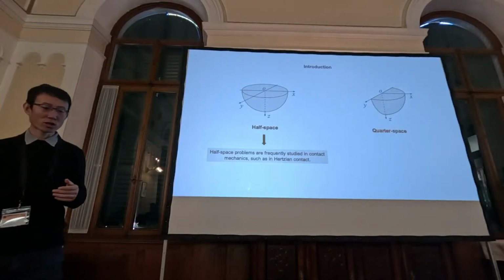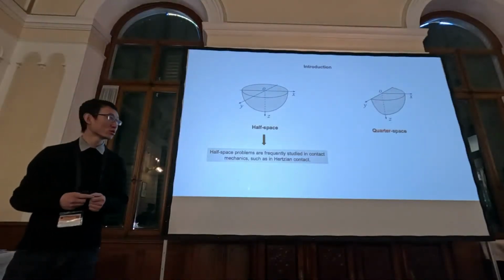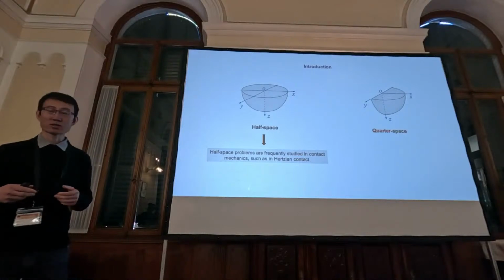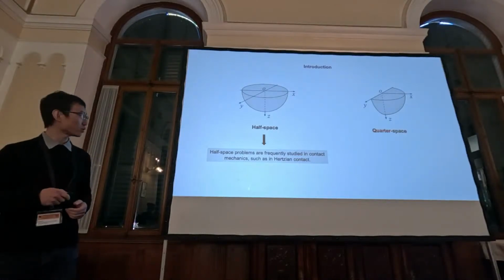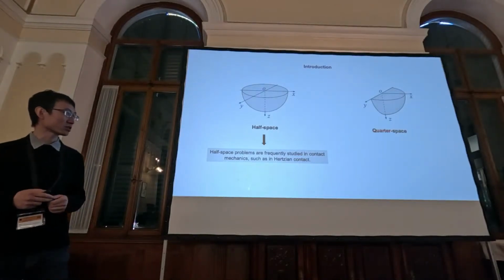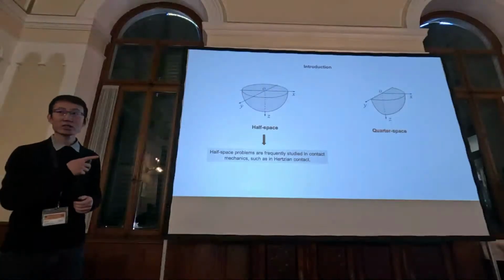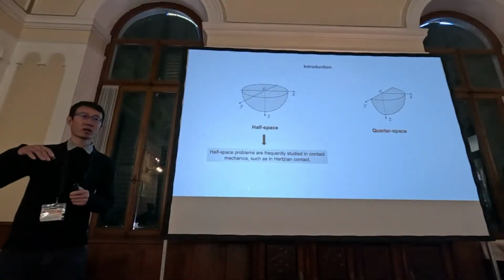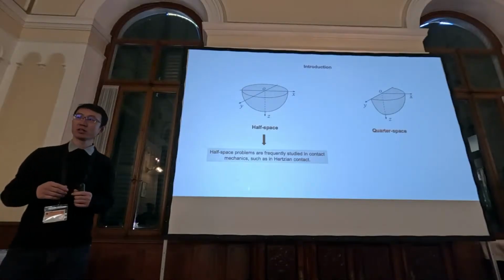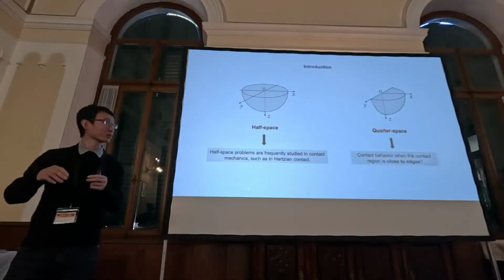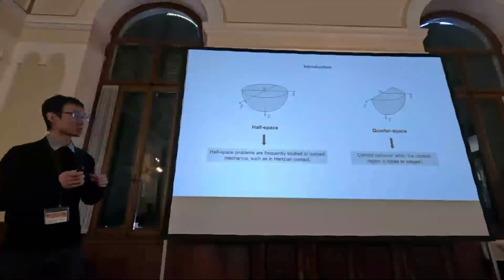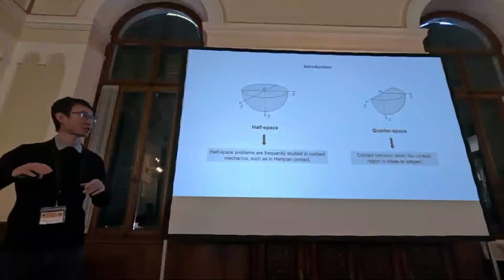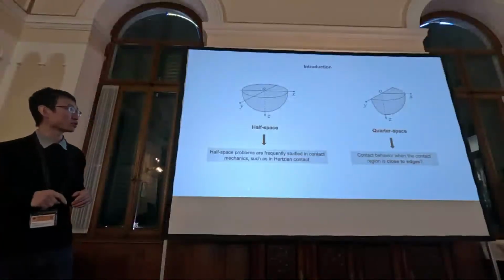Half space is a very often used concept in contact mechanics, for example, in classic Hertz contact. It has only one top surface. So if you put the indenter on the surface of the half space, it doesn't matter where you put the indenter on, because the surface is infinitely large in this plane direction.